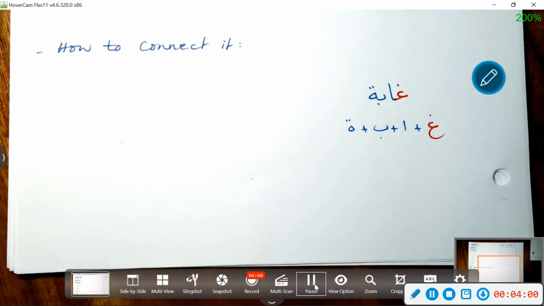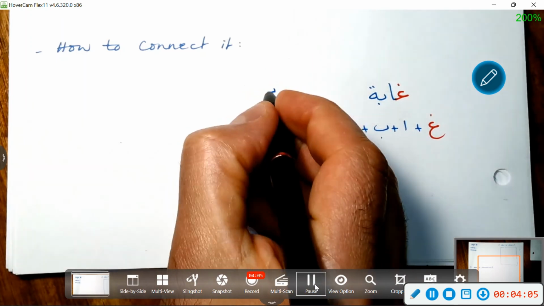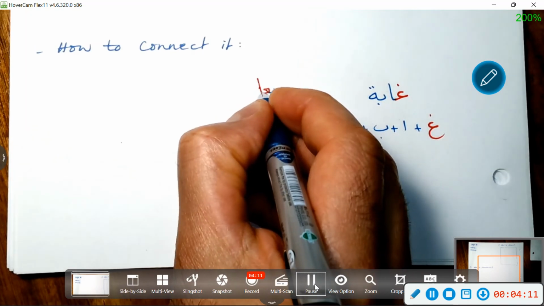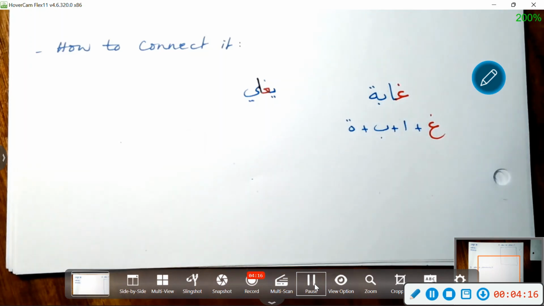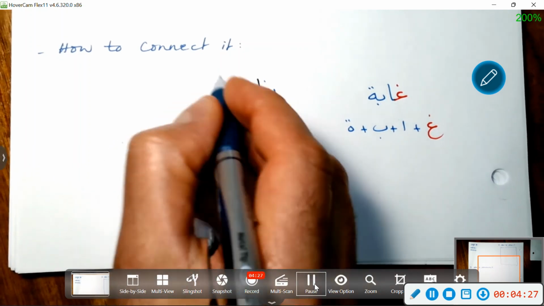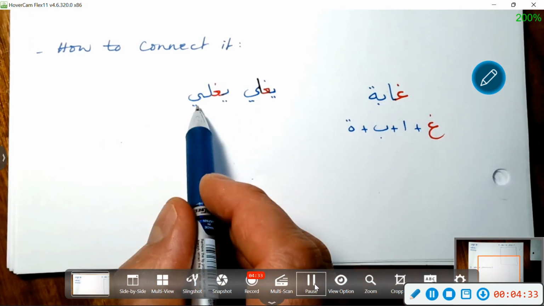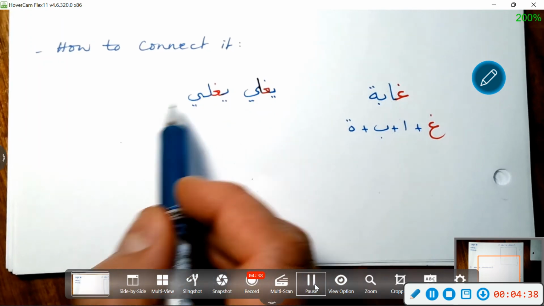Second word is يغلي. Also we can write it in an easier way. يغ لام and then ya. So this is an easier way. You can connect the ya from the middle of the lam or from the bottom of the lam. It's okay.